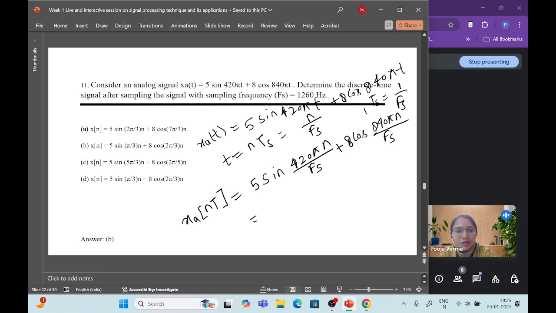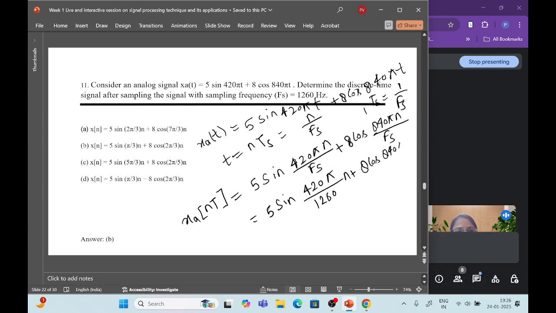Fs is already given as 1260 hertz. So 5 sine 420 pi divided by 1260 n plus 8 cos 840 pi divided by 1260 n.